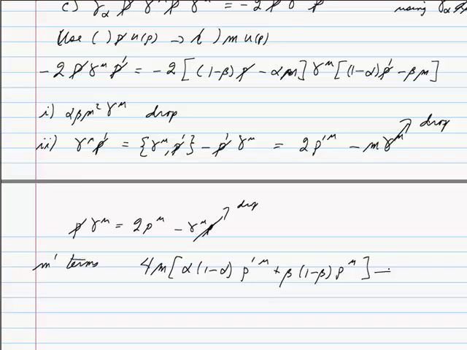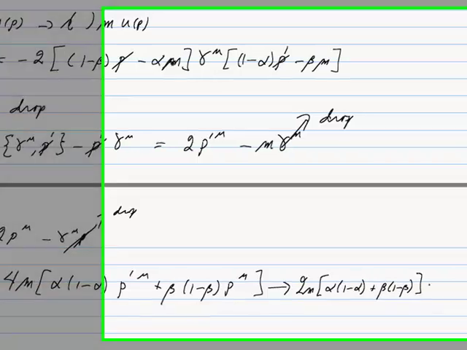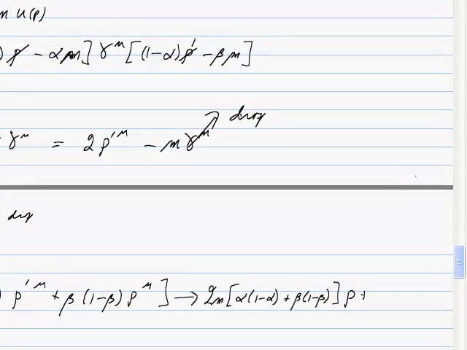Okay, by symmetry, I can write this as 2m. I take alpha 1 minus alpha, I add it to beta 1 minus beta, so each of those two terms are the same. P plus p prime mu, and that's one of the terms I keep.